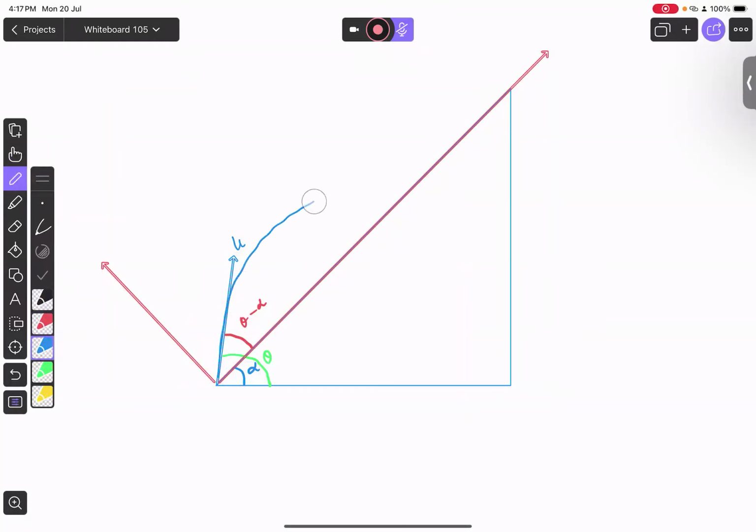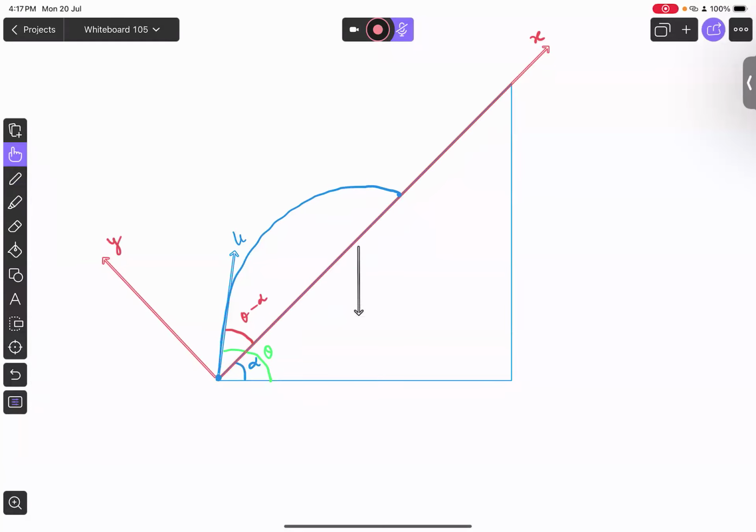So the logic is the same as earlier. Just the acceleration along this new x and y will not be the same as earlier. Once a projectile is in air, the net acceleration it sees is still g, and it will be down only.